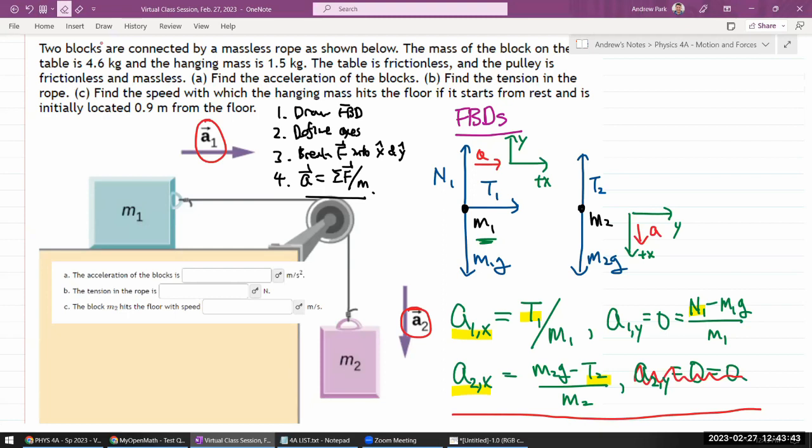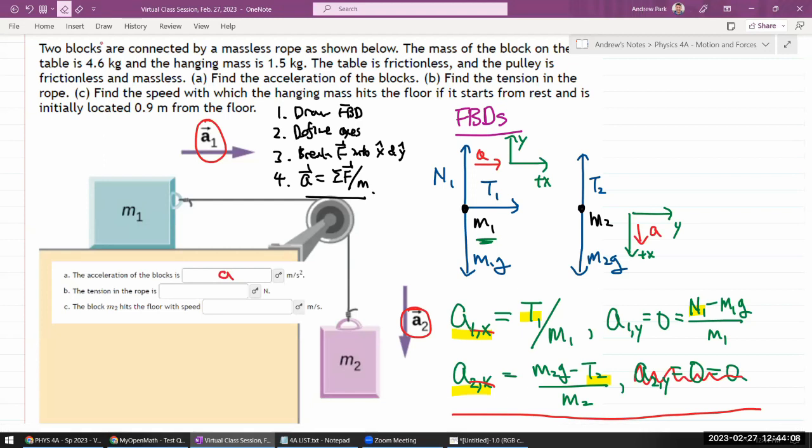They're going to be moving together. So as they move together, the magnitude of acceleration will be the same. So instead of writing these two separate symbols, let's just call them both A. That's the acceleration of both of the blocks, the magnitude. So I reduce the two unknowns down to one.